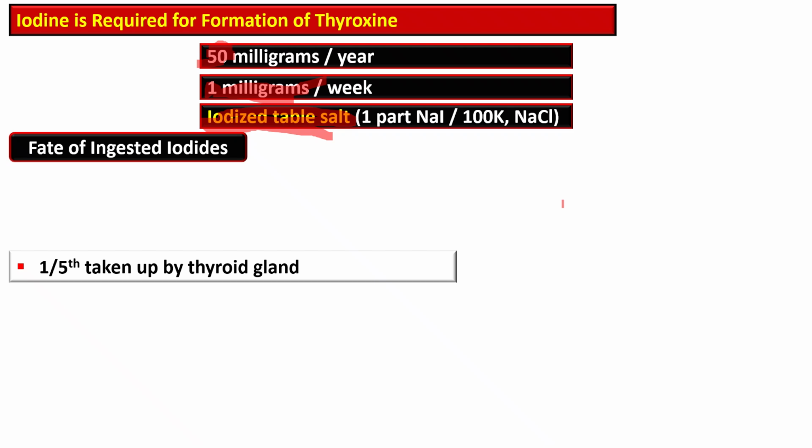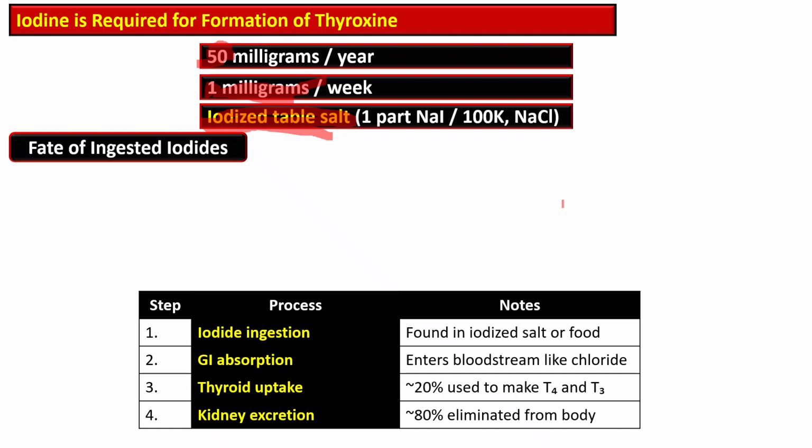And here is the summary of these steps. It is taken up in the fortified table salt, enters the bloodstream like chloride, and 20%, or one-fifth, is taken up by the body, while 80% is excreted from the body through the kidney.